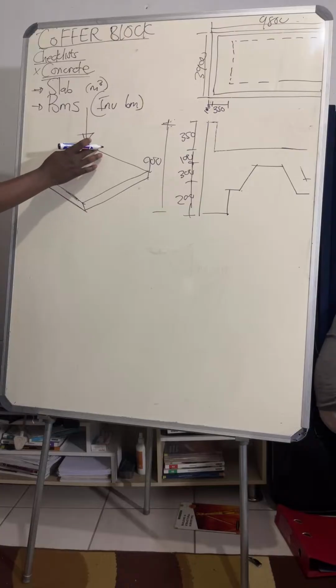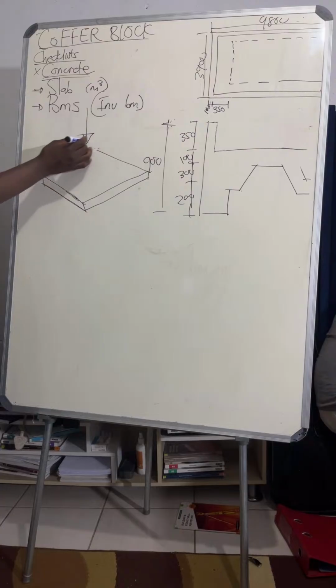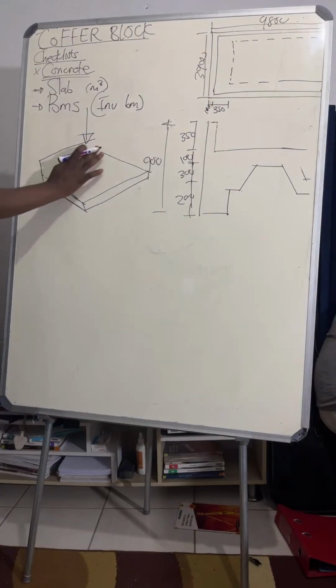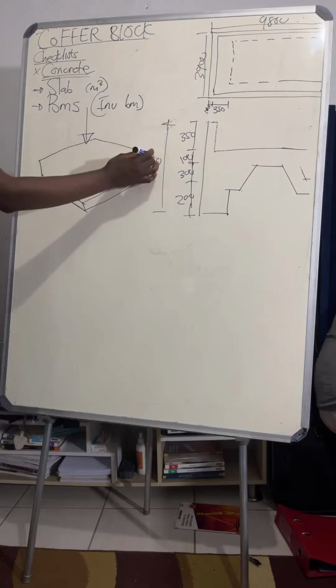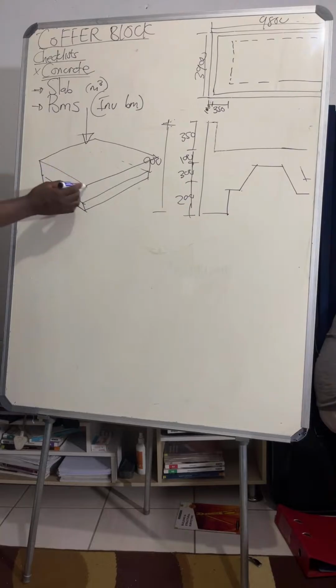How am I going to draw it? It's like this, going like that. Let me erase that for now. And going like that, and also coming back this side, going back like this. Now it's something like this.